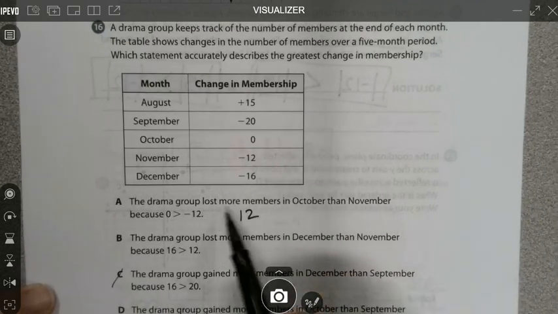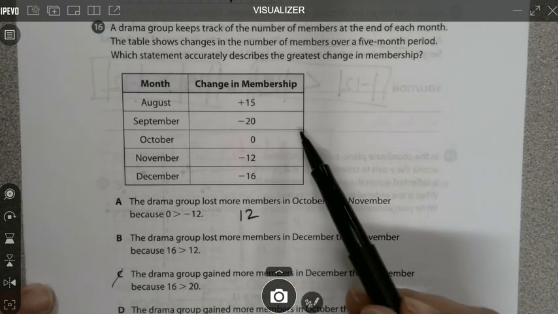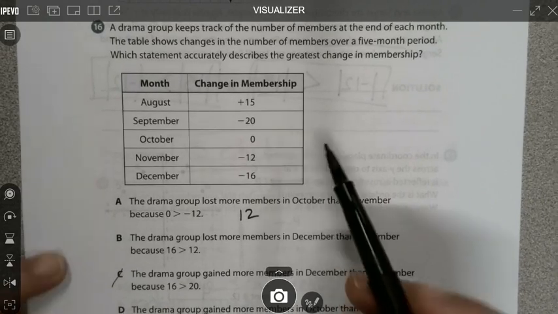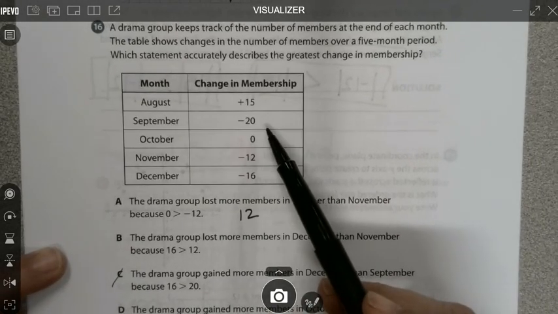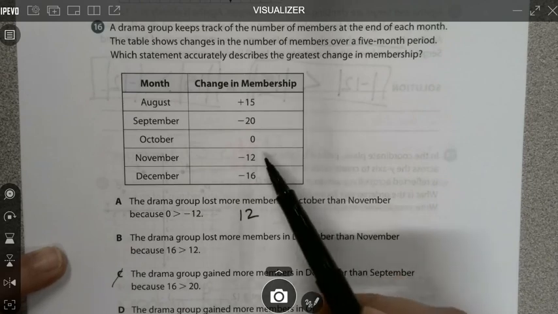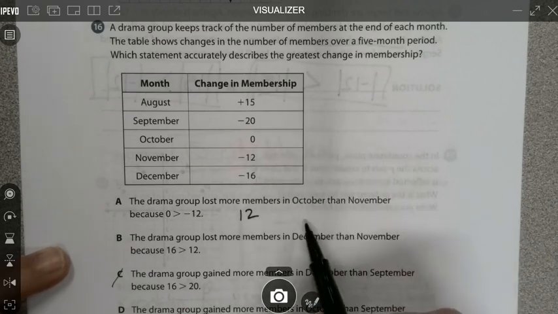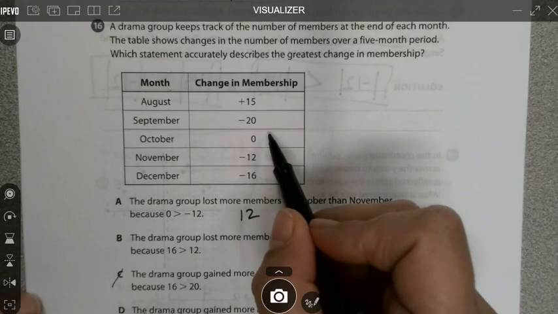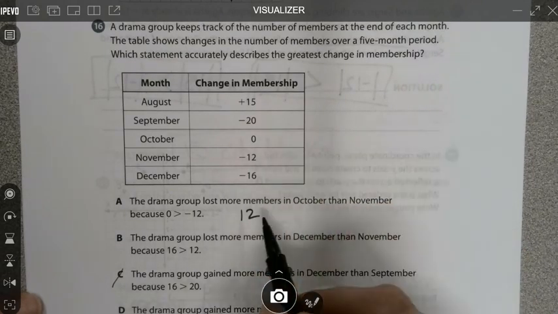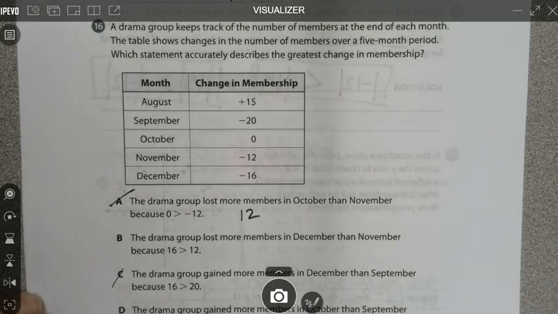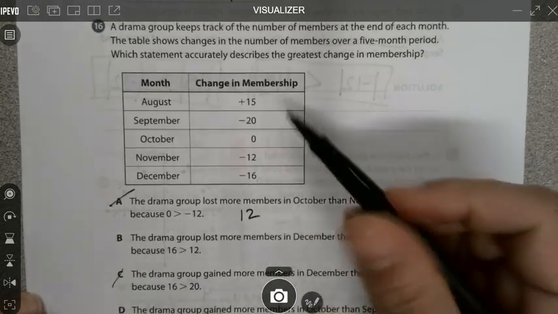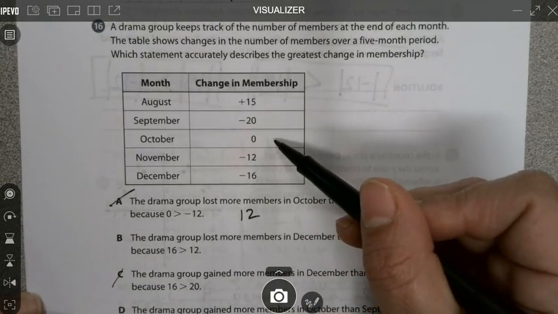The drama group lost more members in October. No, in October they didn't lose any members, so they didn't lose more members in October than November. That's not true. They gained more members in October? They didn't gain any members in October.